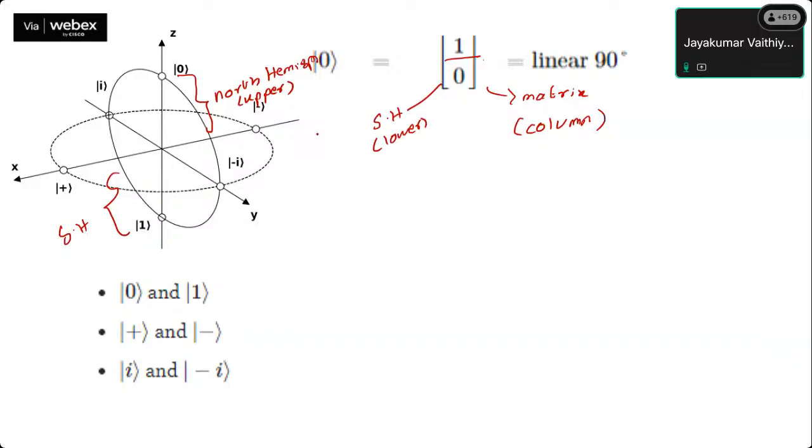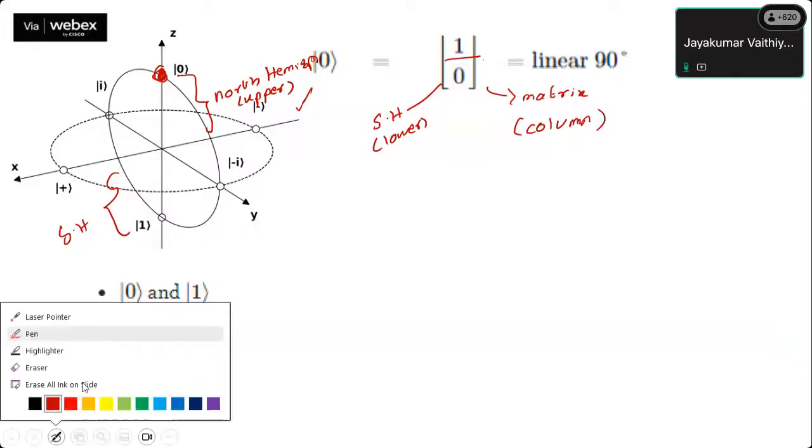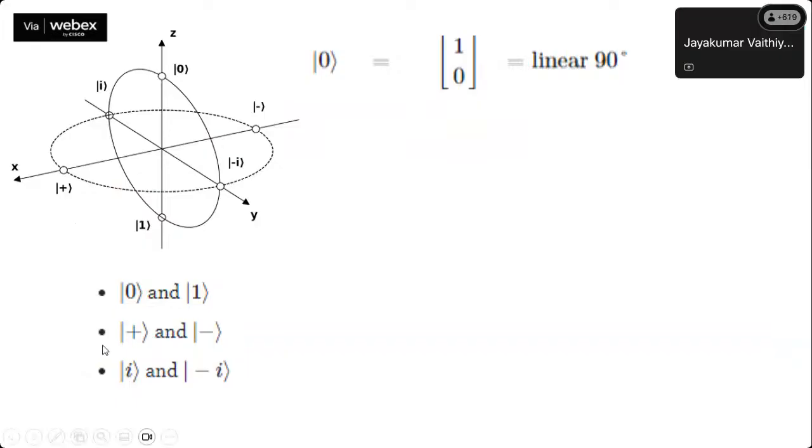Look, state 0 exists at the north pole, so it is related to the northern hemisphere. That is why the upper component is 1 over here. What is the relationship between state 0 and the southern hemisphere? No relationship. That is why the lower component is 0. So in quantum, you are able to visualize the mathematical representation, and the mathematical representation has some physical meaning.